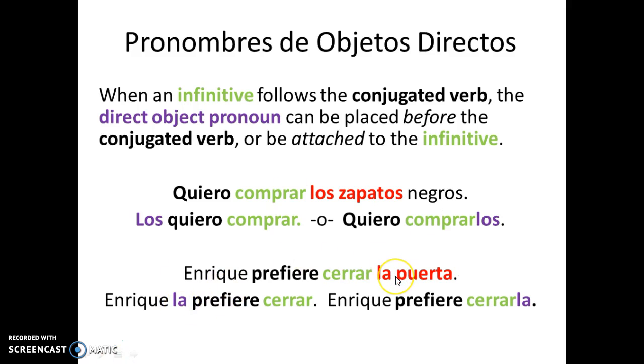La corresponde a la puerta. Y en la frase puedo colocar el pronombre antes del verbo conjugado. Enrique la prefiere cerrar. O puedo colocar el pronombre después del verbo infinitivo. Enrique prefiere cerrarla.